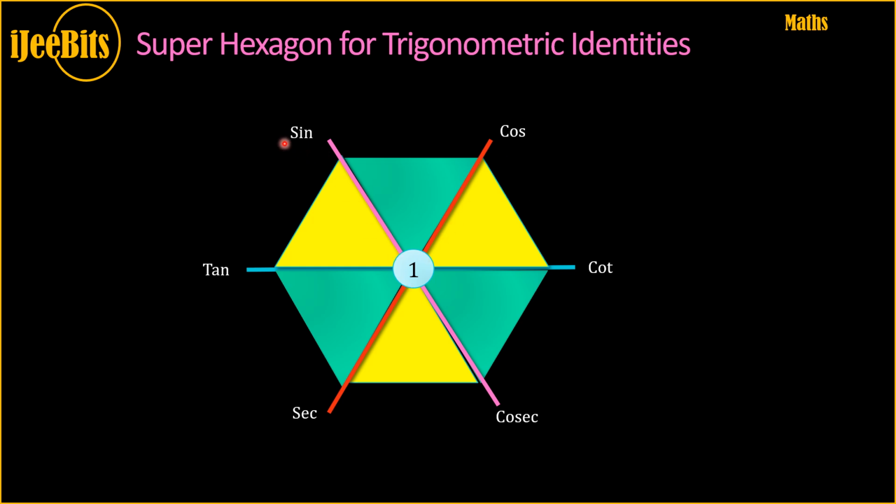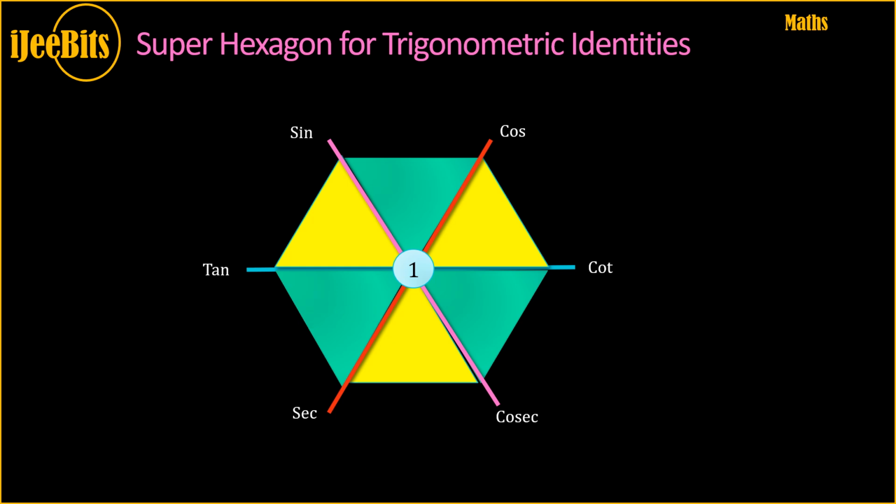Otherwise, sine equals 1 by cosecant. Tan equals 1 by cot. Secant equals 1 by cos. In the reverse way, cosecant equals 1 by sine. Cot means 1 by tan. Cos means 1 by secant.